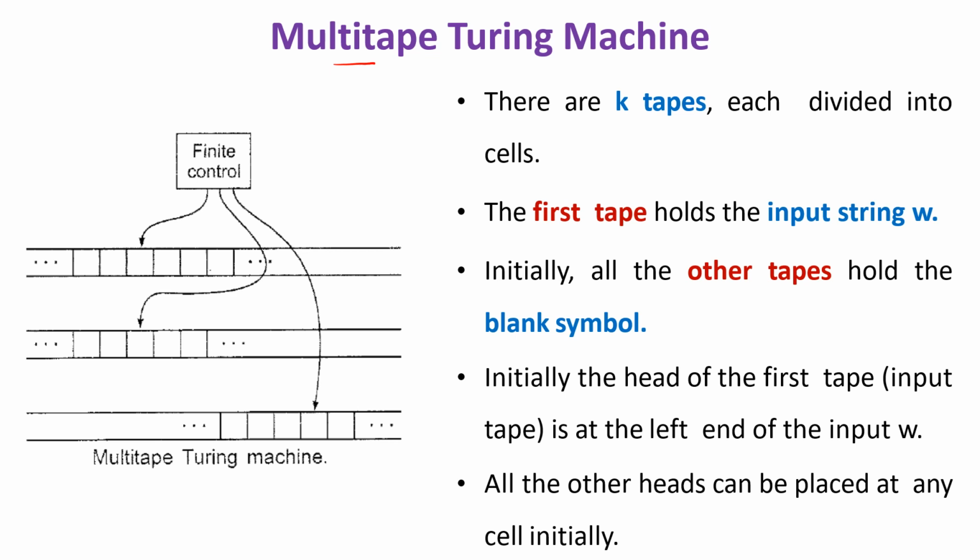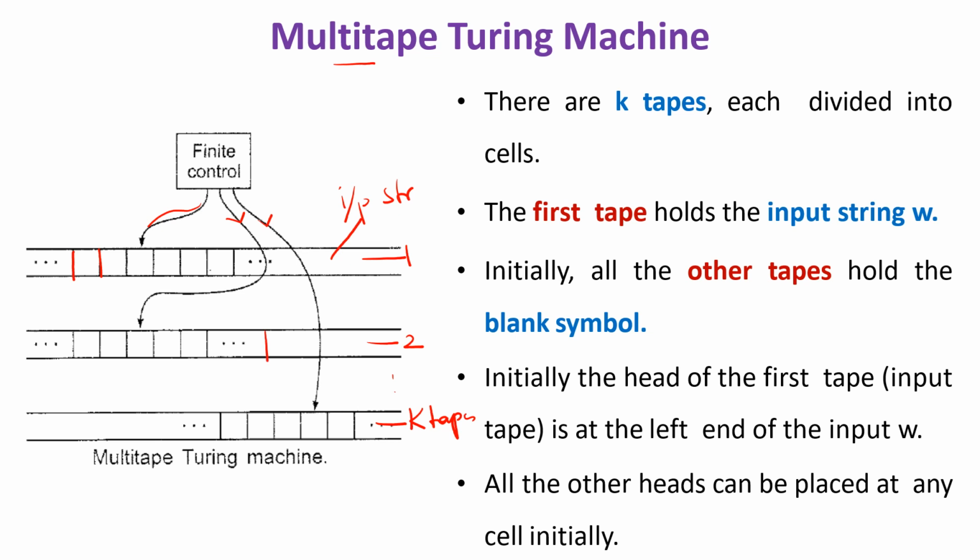In this example, the finite control is connected to tape 1, tape 2, and so on up to k tapes through the read-write heads. Each tape is divided into cells. The first tape holds the input string.